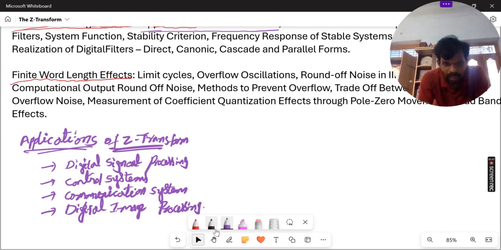Okay, I will show you how the Z transform is used in digital signal processing, control systems, communication systems and digital image processing. In order to explain these applications, I have prepared a presentation. Through the presentation I will explain thoroughly.